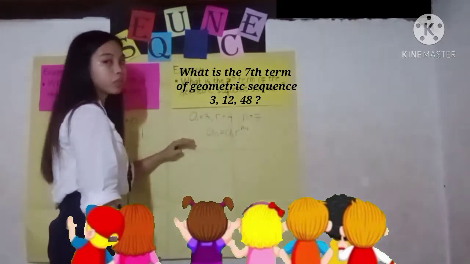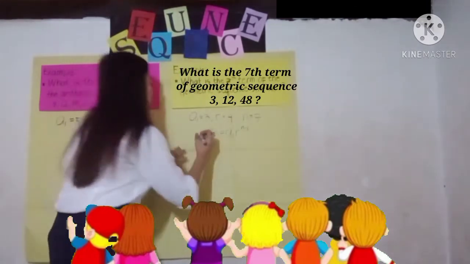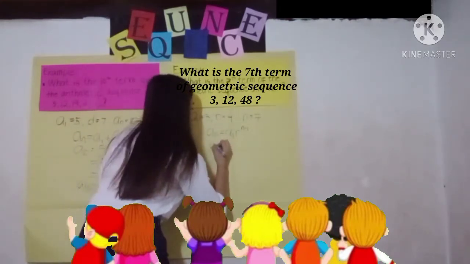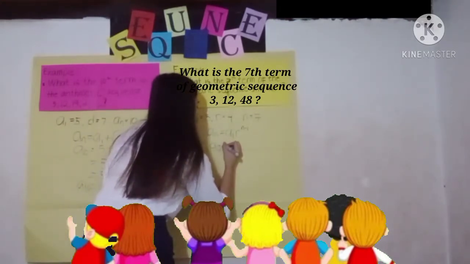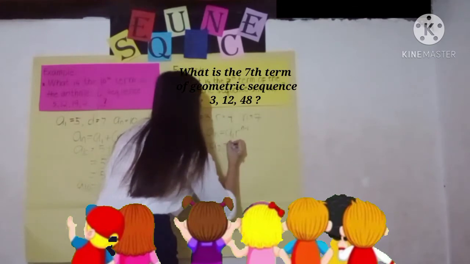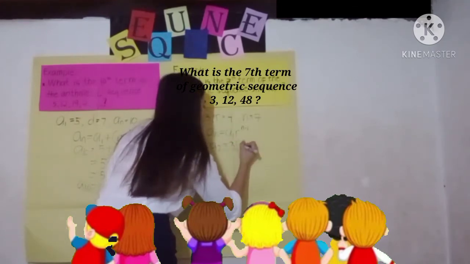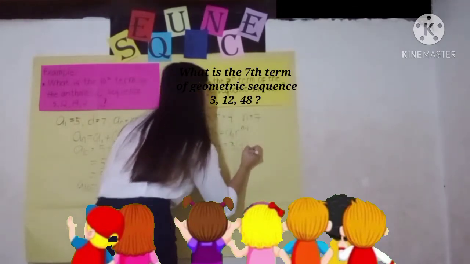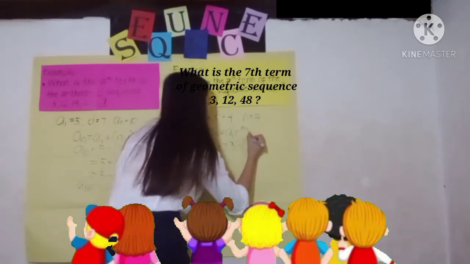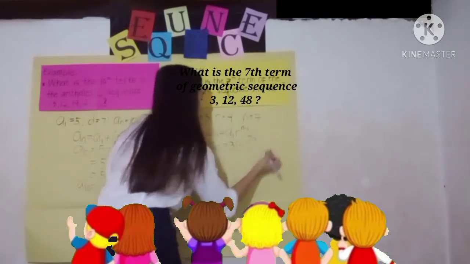Now, we substitute all the given values, which is a sub 7 equals 3 times 4 raised to 7 minus 1.